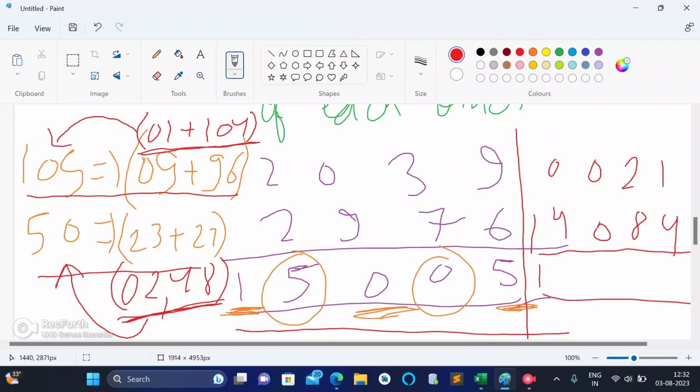If I write 0021 and then the next number is 14084, then also my sum will come out to be 15005. If you want, you can remove these two zeros, it won't matter actually.